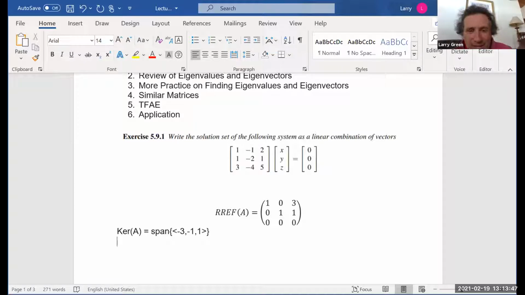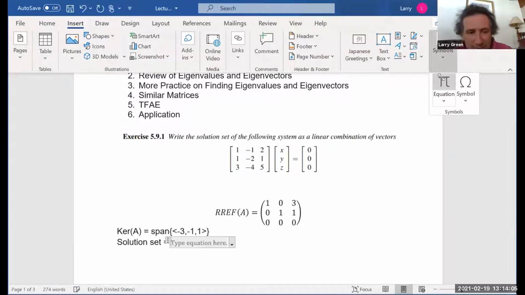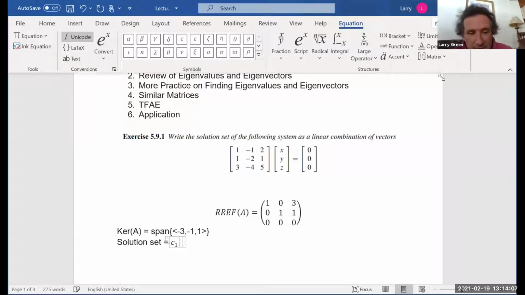So what we can say is that the solution set is equal to, well, now we write it as a linear combination. If there's only 1 vector, there's not a whole lot to write. But I do have to turn it into math mode. So it's C1 times (-3, -1, 1).